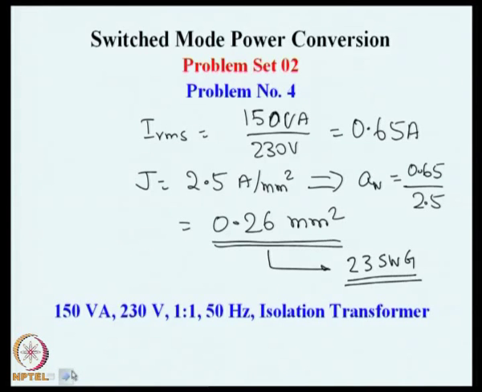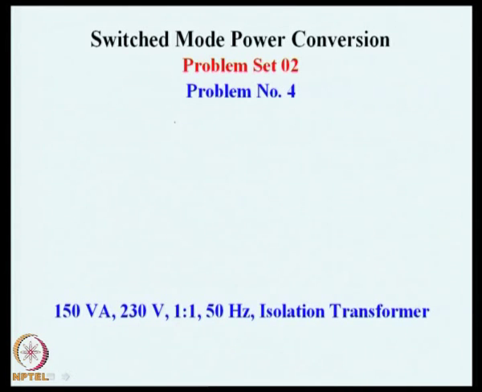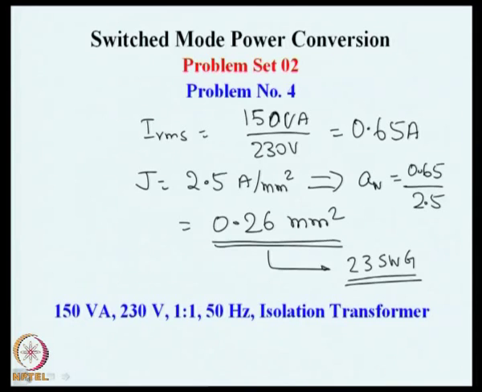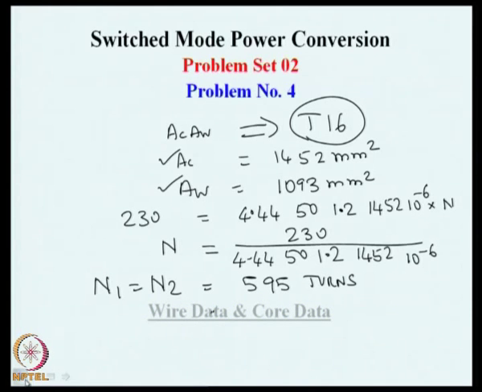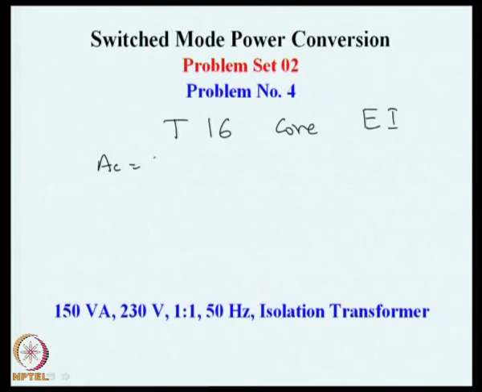So, if we go back, we might say that the transformer design is with T16 core, which is an EI core, which has an AC of 1452 mm square, then AW of 1092 millimeter square.